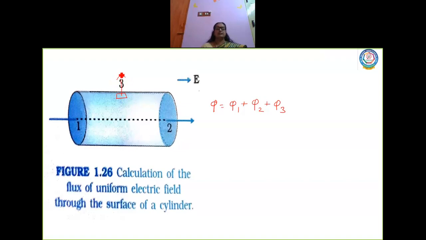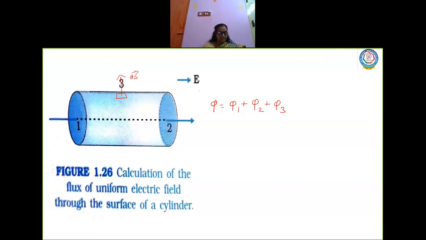Okay, now this is the area vector, which is ds vector. Am I right? So what is the angle between here, the electric field and ds vector? Theta is going to be 90 degree, and flux will be, when you substitute in the formula flux, psi is equal to ES cos theta. Theta is 90, cos 90 is 0, and you will have no flux here. So with respect to the third part, the flux is 0.